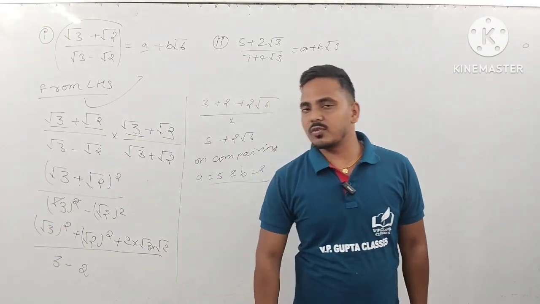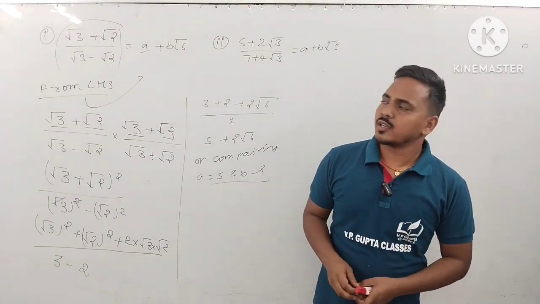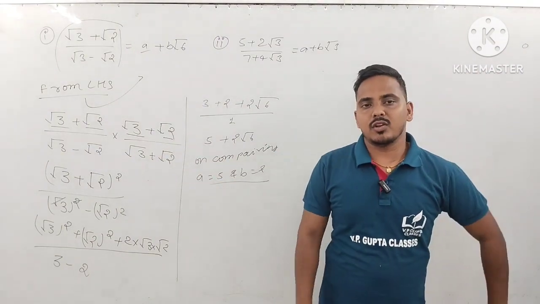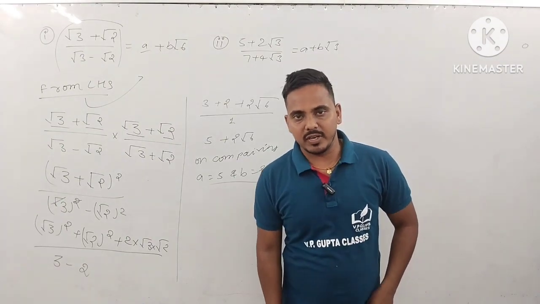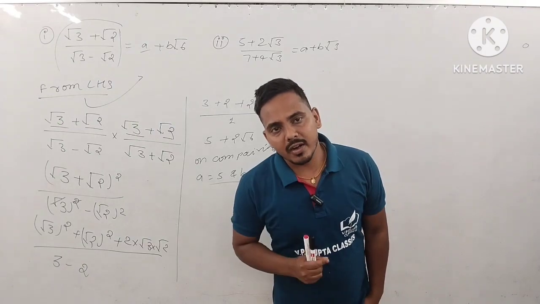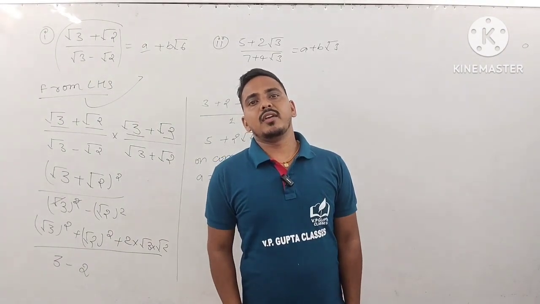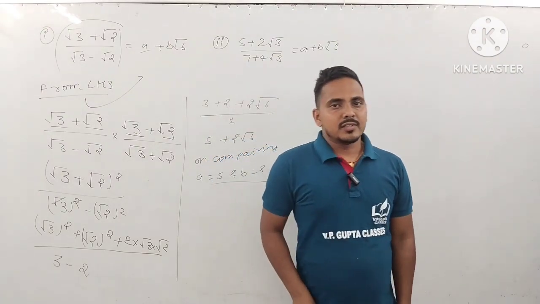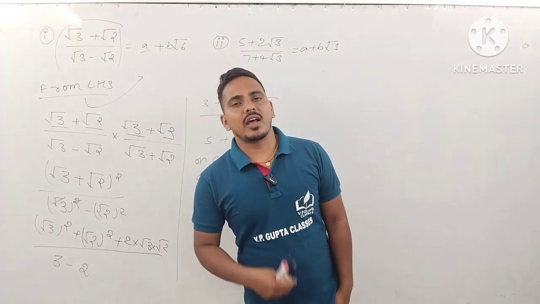This is a very easy question, and various types of questions related to this can be easily solved by rationalizing the denominator. First of all, you have to learn rationalization of denominators, and you can see my previous lectures of class 9th.